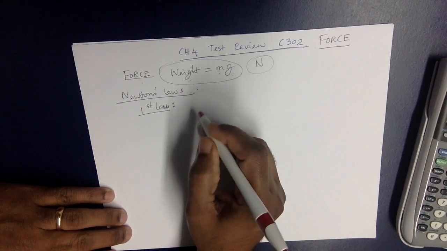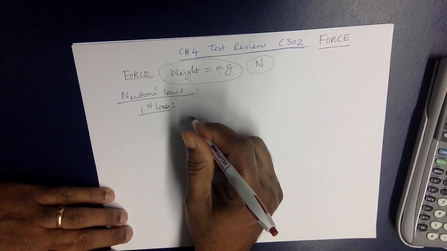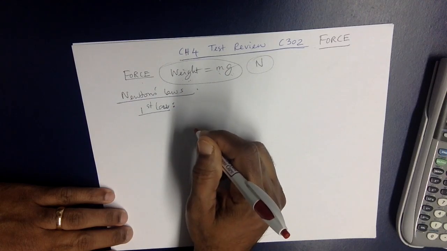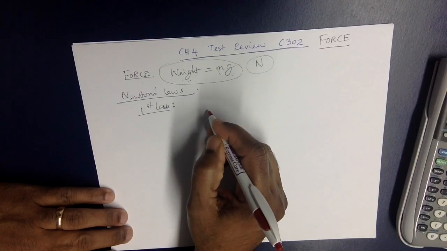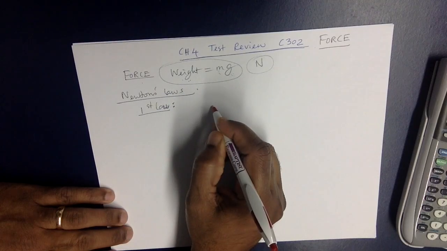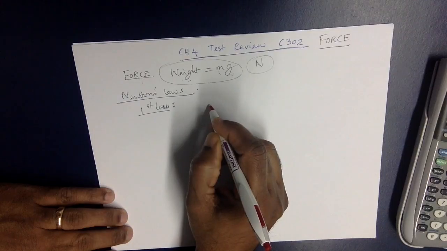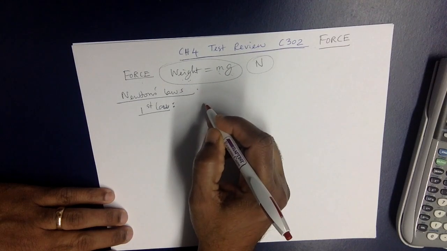The first law is any object will stay in the same state of motion unless acted on by external unbalanced forces. So in Newton's law, we are talking always about balanced forces, all right? So you can have any number of forces acting on an object. As long as the net force is zero, then the object is going to stay in the same state.